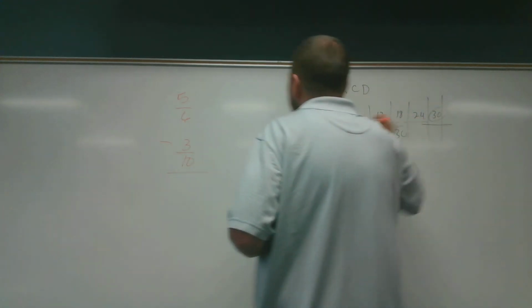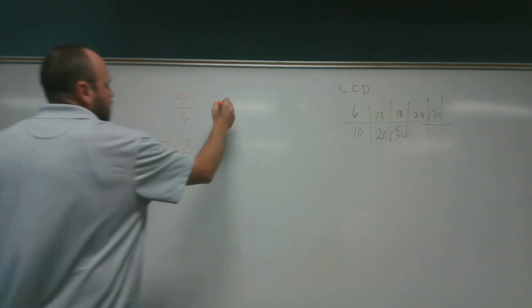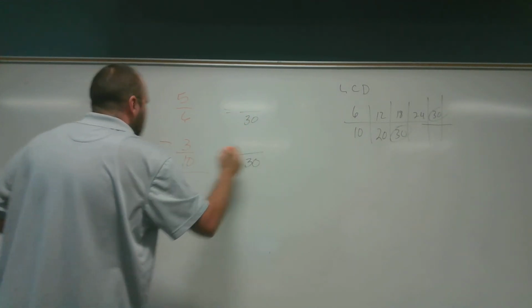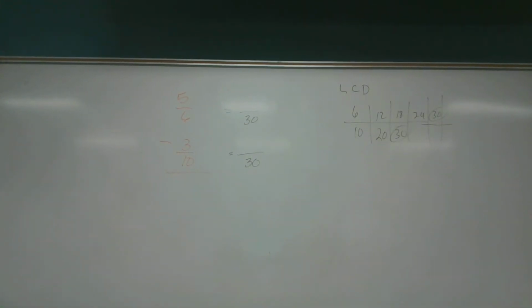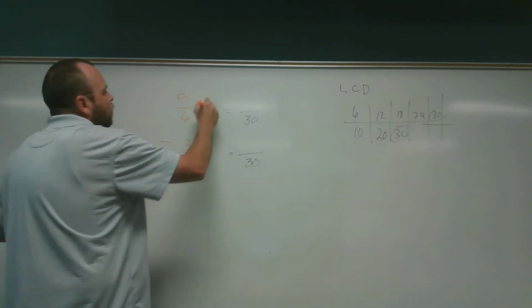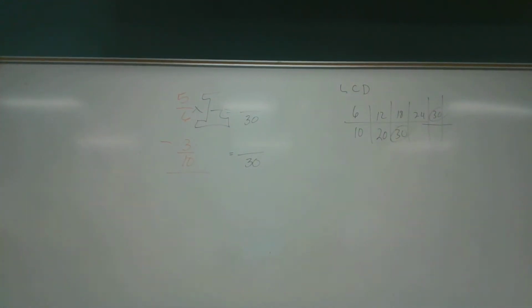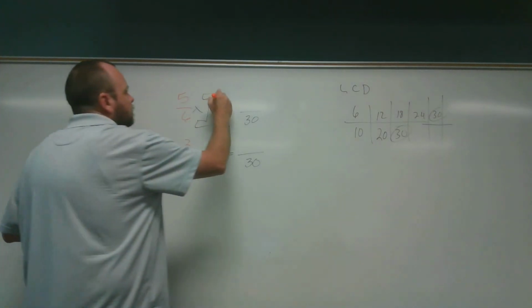And 30 it is. So I need to change these so they both have a denominator of 30 without changing the value. Chloe, do either one of them already have a denominator of 30? No. So what would I multiply 5/6 by that equals 1 that would give me a denominator of 30? 5 over 5.